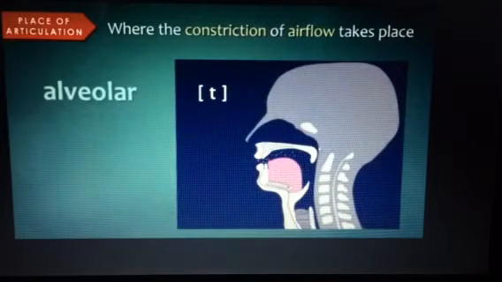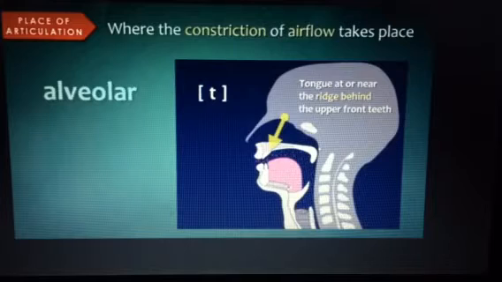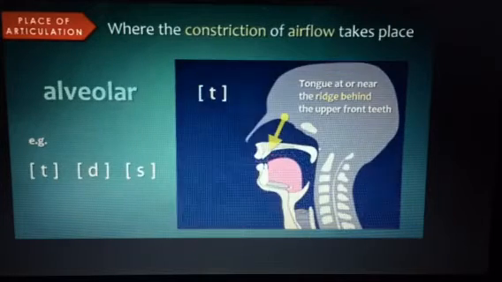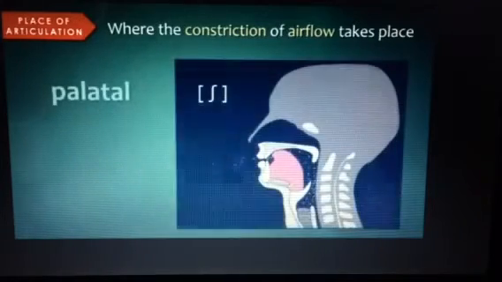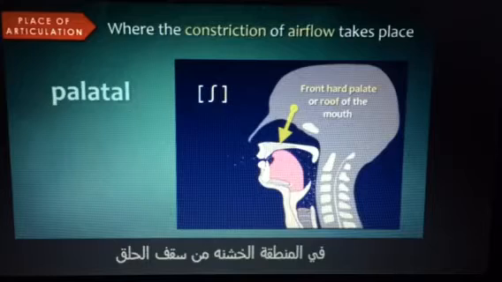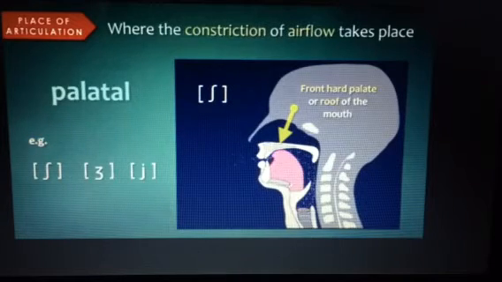Alveolar sounds are produced with the tongue at or near the ridge right behind the upper front teeth, such as t, d, s. Palatal sounds are produced at the hard palate or the roof of the mouth, such as sh, sh, y.